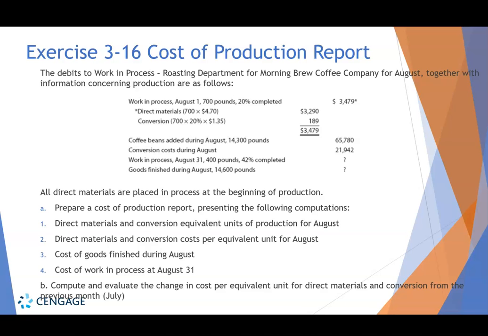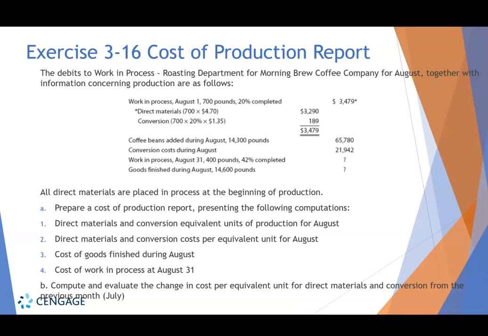Then we've got our direct materials, the 700 pounds times $4.70. The conversion, remember 20% completed, $1.35 gives us the $189. So we've got our total cost coming into the period.